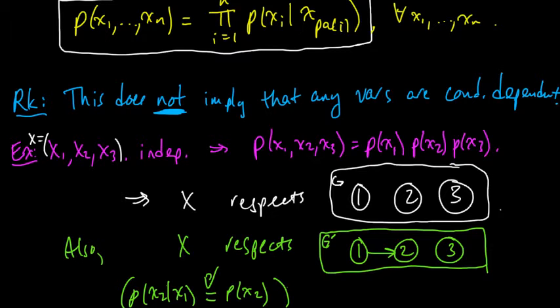It is not saying that x2 necessarily depends on x1. What this is saying is that the distribution of x factors in a way that can be represented by this graph. So it factors in a way that respects this graph in this sense.